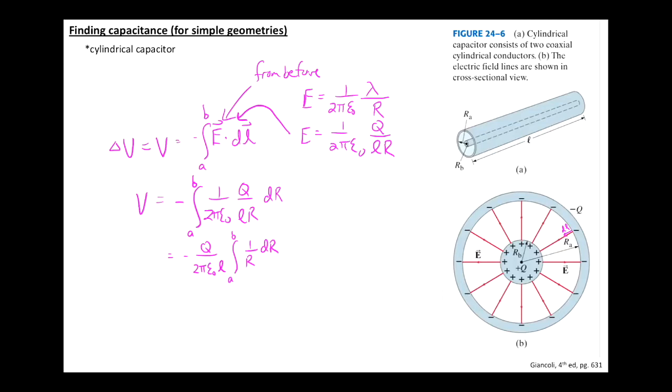If L, let's see. That is an issue, isn't it? It's a mixture of terms. Let's do this. Let's call this capital L. And I think that'll clarify a little bit. Okay? So capital L is the length of the cylinder. dl is the direction of the path of integration.